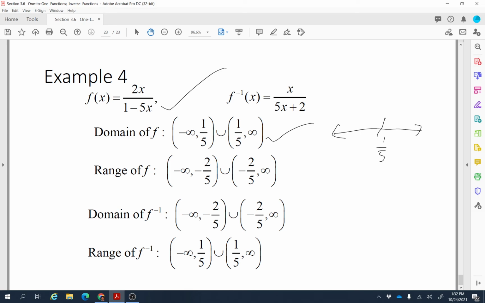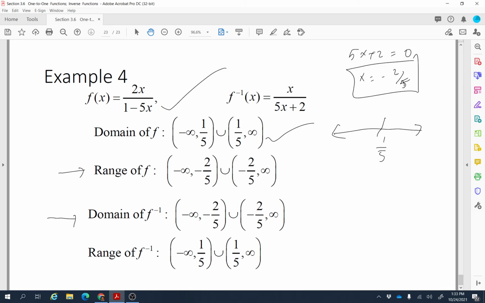The range is, as you can see, the domain of f is this one. Similarly, before finding the range of f, we are going to find the domain of f inverse. This is f inverse. So the domain of f inverse is all real numbers except where 5x plus 2 cannot be 0. So solve for 0 here. So x is negative 2 over 5. Except x equals negative 2 over 5.